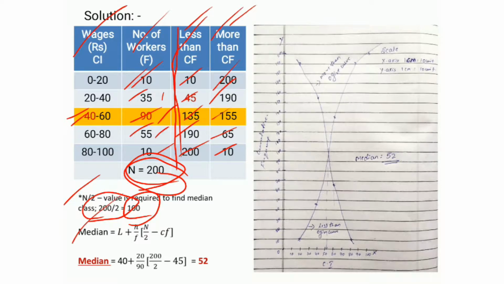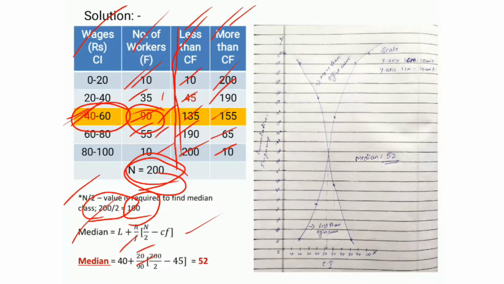After getting the median class, apply the values from the median class in the median formula: L plus h divided by f into n by 2 minus cf. L is the lower limit value of that median class, which is 40. The class interval is 40 to 60, so the difference is 20. That is what h is. Frequency of that median class is 90.